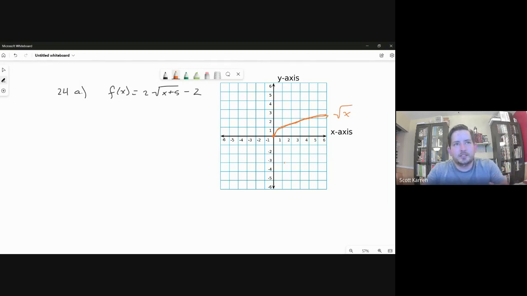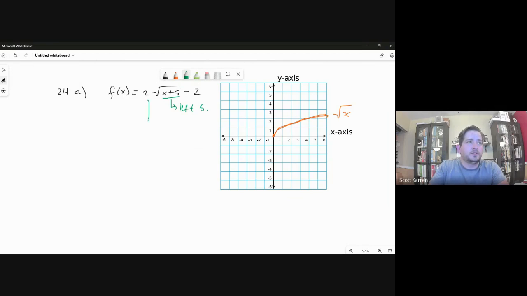And the key here is then just to manipulate this square root of x. What happens in this function is that inside the square root itself, I'm going to move left or right, and I'm always going to go opposite the sign that's in there. So this is a movement to the left of 5 units. And then the next thing that's operating on the square root is this 2.